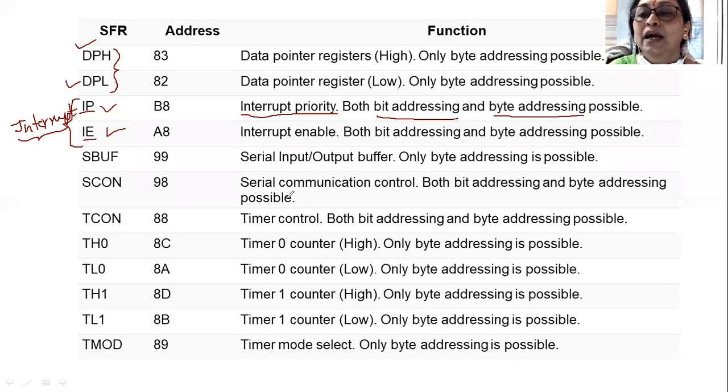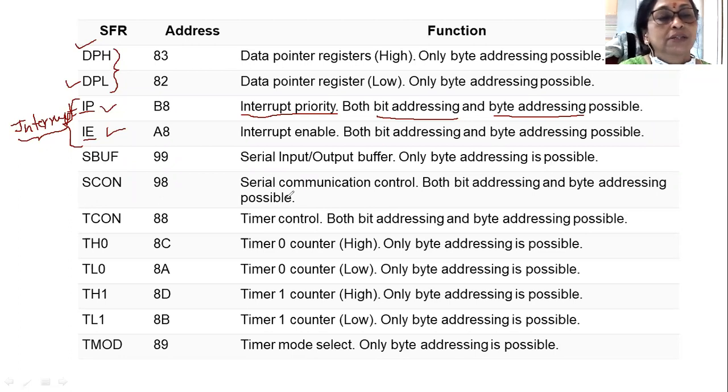The programmer can write the bits in the interrupt priority register in order to manage the priority of the interrupts. This is the purpose of the interrupt priority register. It is one of the special function registers, bit addressable as well as byte addressable, and it is 8 bits wide. The address of the IP register is B8.